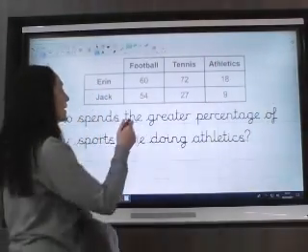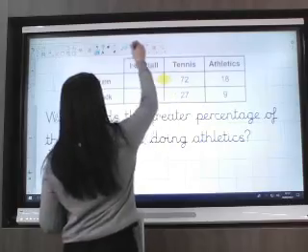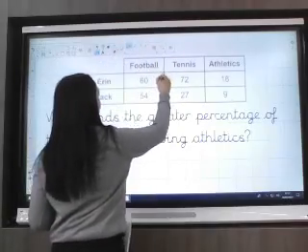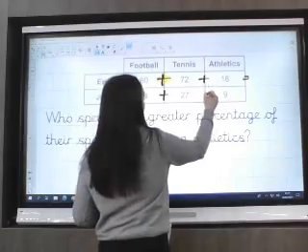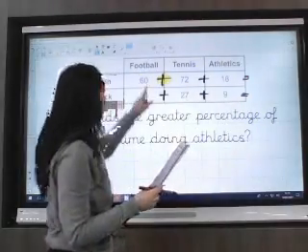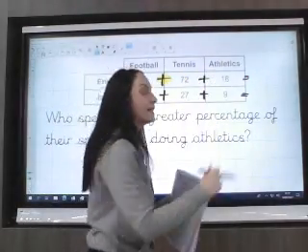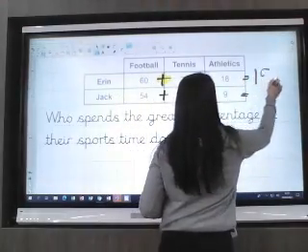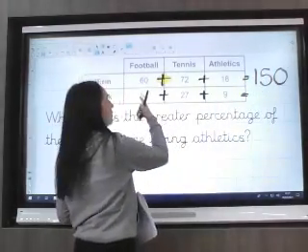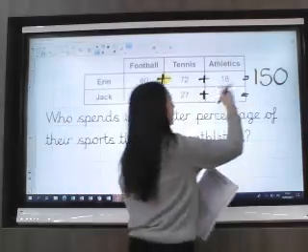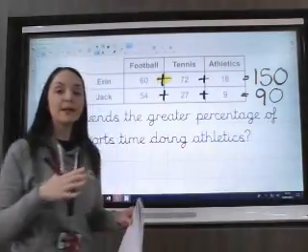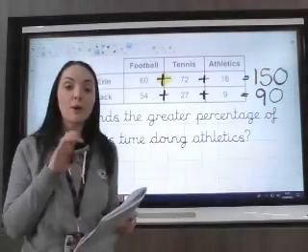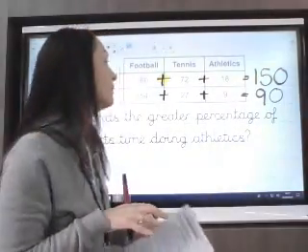But before you can do anything, you need to add up these. If you add up these, 60 add 72 add 18, it would be 150. And if you do 54 add 27 add 9, it would be 90. You need that because that's the overall amount. So that's the number that would go on the bottom of your fraction.